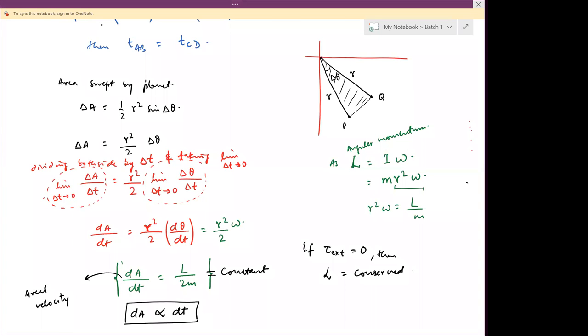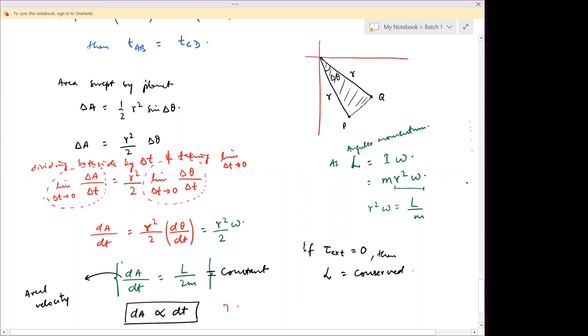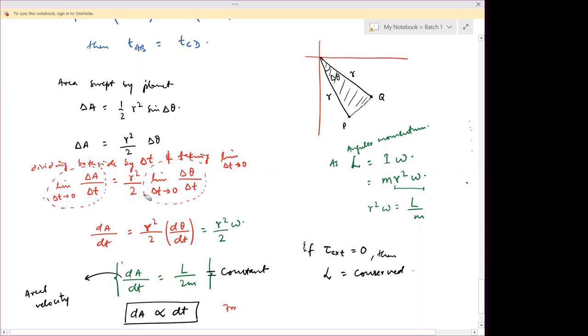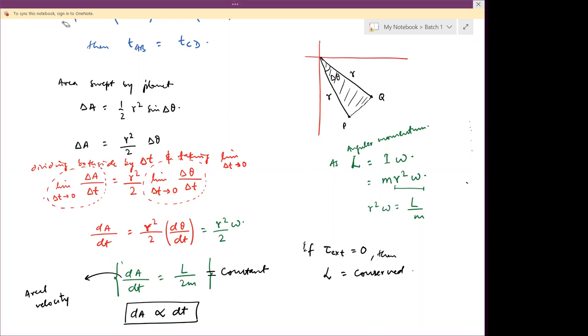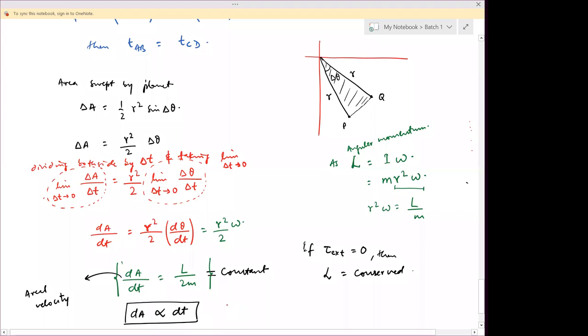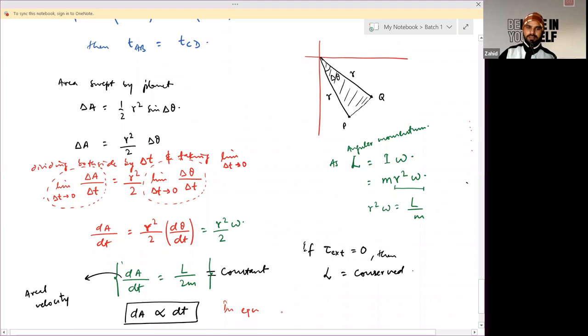Yes, sir. In equal time, it will cover equal area.